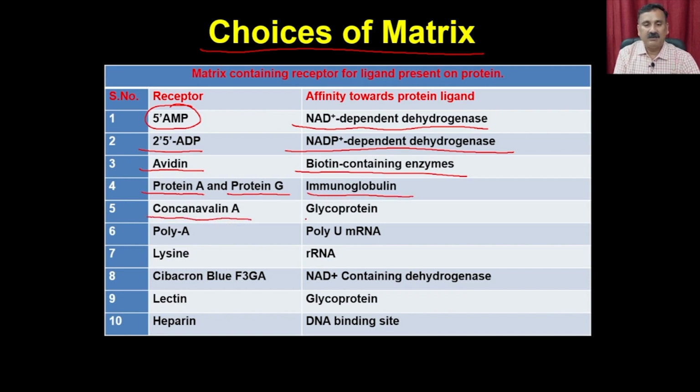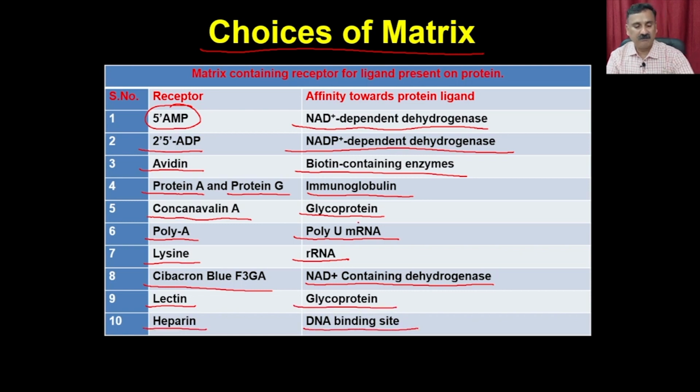Concanavalin A has affinity for glycoproteins. Poly-U binds messenger RNA, and lysine has affinity for ribosomal RNA. Then you can have Cibacron Blue F3GA for NAD+ dependent dehydrogenases. You have lectins for glycoproteins, and heparin for DNA binding proteins.